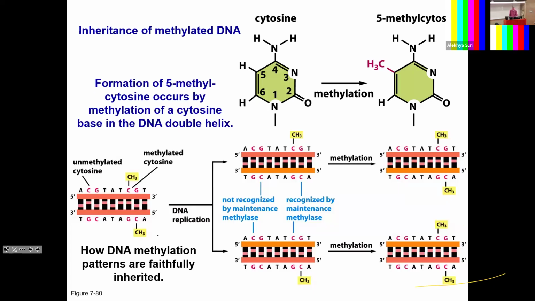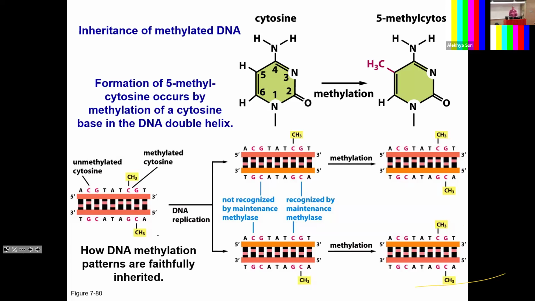So what happens when you duplicate DNA, you would see one strand keeps the methylation group, but the other strand does not have yet the methylation groups. So there are enzymes called methylases. They recognize this DNA sequence, and they will specifically add the methylation groups after DNA duplication.